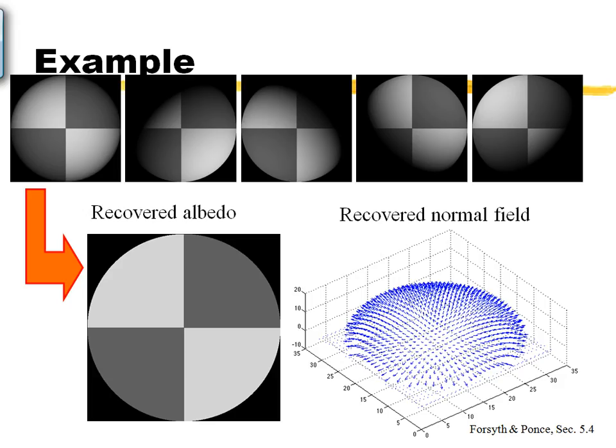This is nothing but the normal map, so this is normals being plotted with respect to the points or pixel positions. What you see is more of a dome type structure. So under this constraint, photometric stereo, we can actually recover the geometry of the surface.